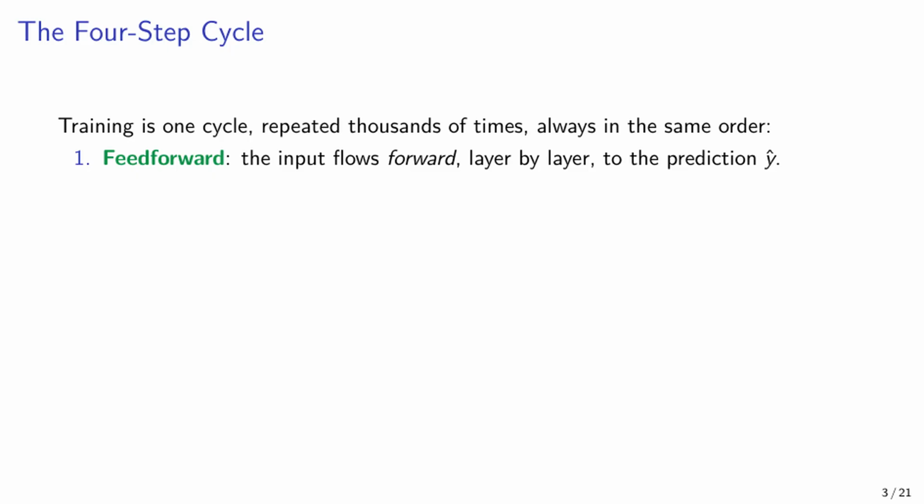Step 1 is feed forward. The input flows forward through the network, layer by layer, until the output produces its prediction, y hat. Step 2 is the loss. Compare the prediction y hat with the true target y, and collapse the difference into a single error number.